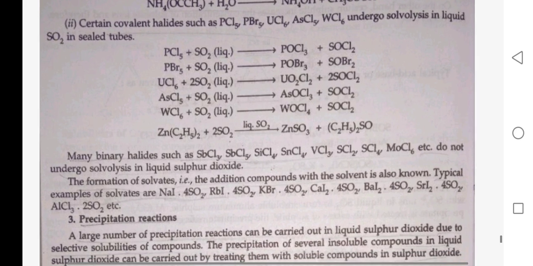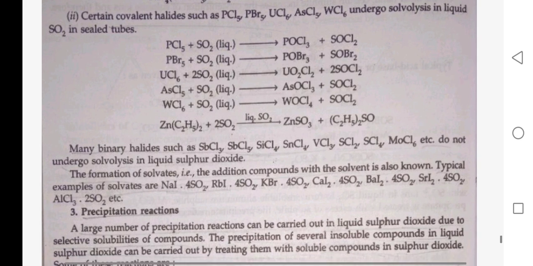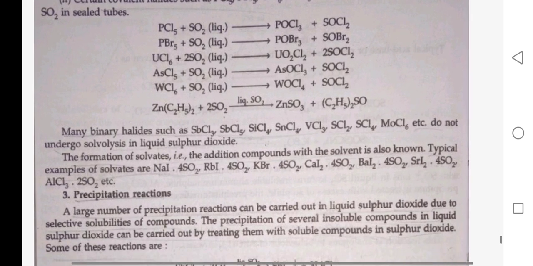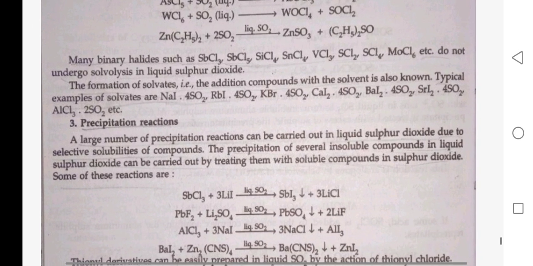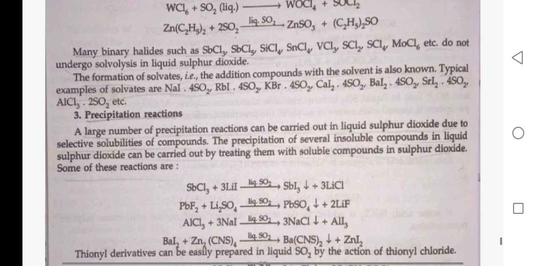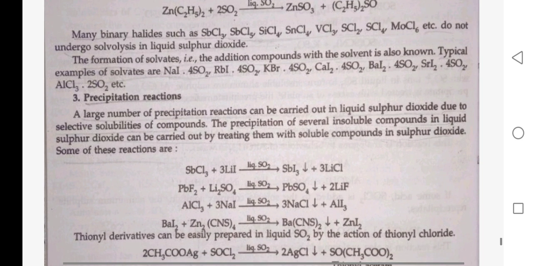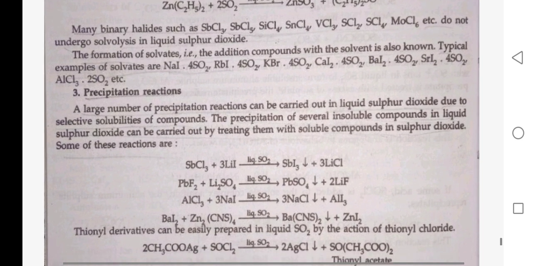Covalent halides such as PCl5, PBr5, UCl6 undergo solvolysis in liquid SO2 in a sealed tube. Many binary halides such as SbCl3, SbCl5, SiCl4, etc. do not undergo solvolysis in liquid sulfur dioxide. The formation of solvates with the solvent is also known.